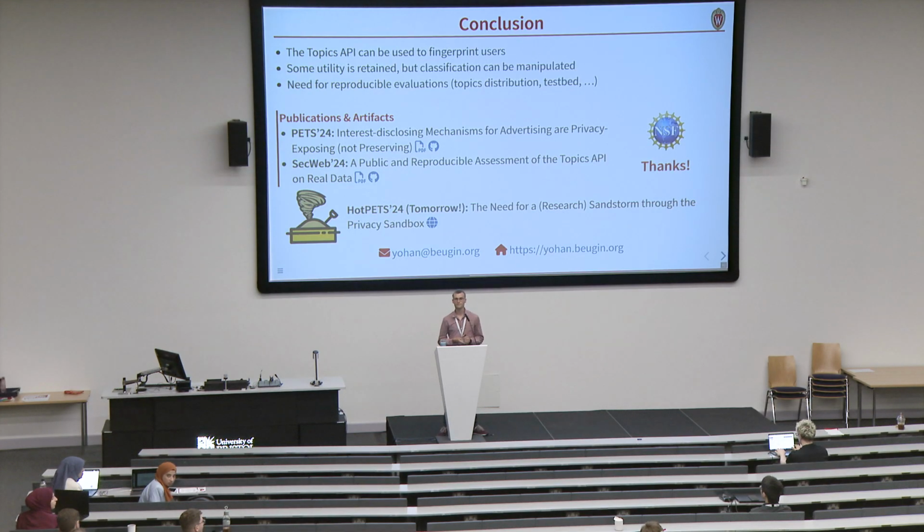Did Google say anything about why they are not making this data they use public? And if they say it's for privacy reasons, do you buy it? The primary evaluation from Google is done on their private data set of Chrome telemetry data, so they don't want to release that, for obvious privacy reasons. However, I'm trying to get in contact with the privacy team and the research team at Google to work towards building either a test bed or having them classify real browsing histories into topics.